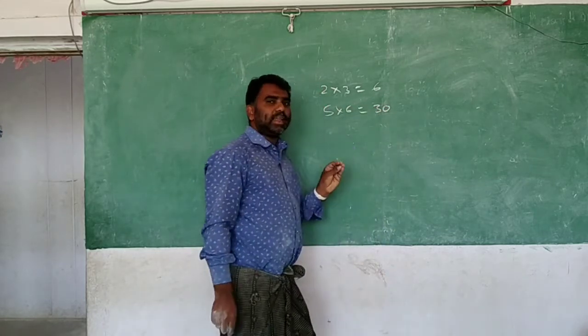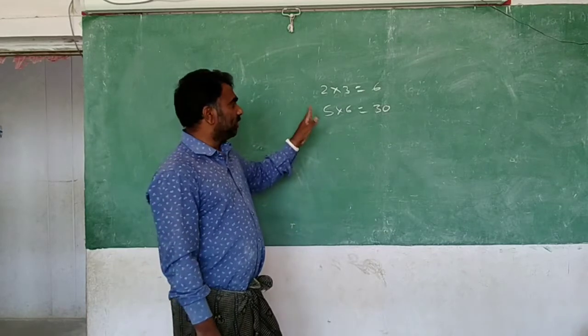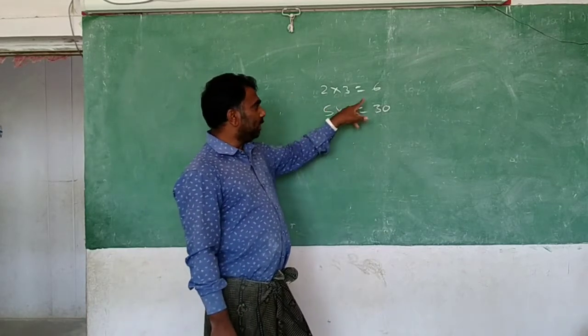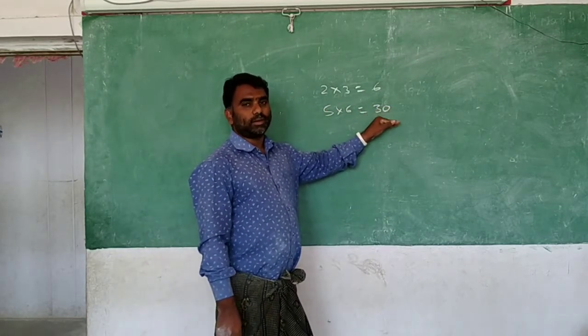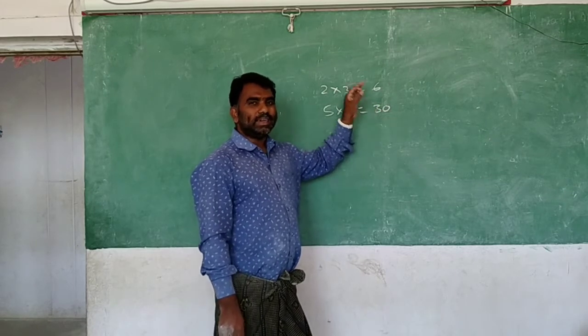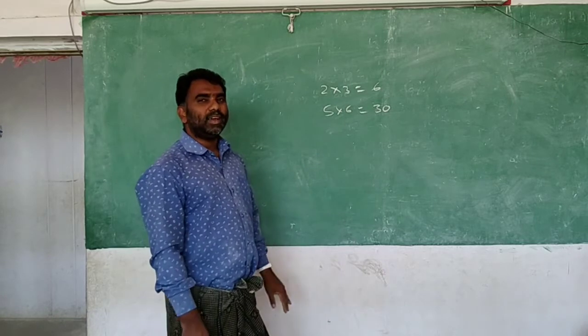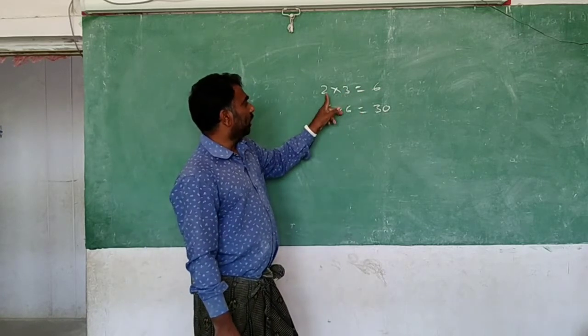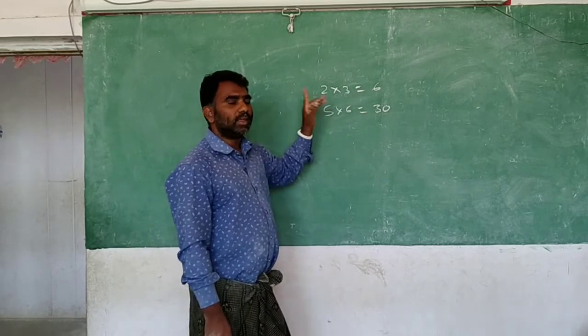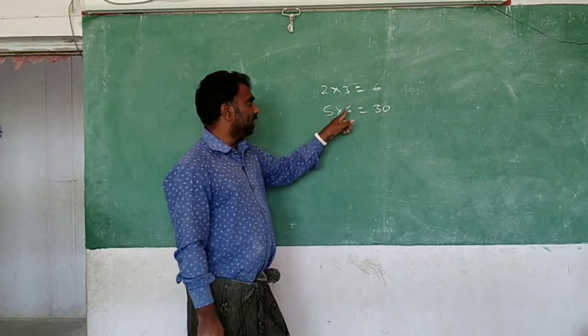You take the normal multiplication of integers. If you multiply, the product, means the answer, is always more than these numbers. Is it right? See, this 6 is more than 2, this 6 is more than 3. 30 is more than 5, 30 is more than 6.